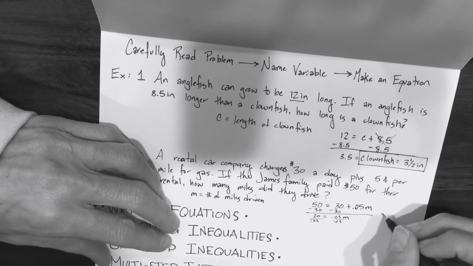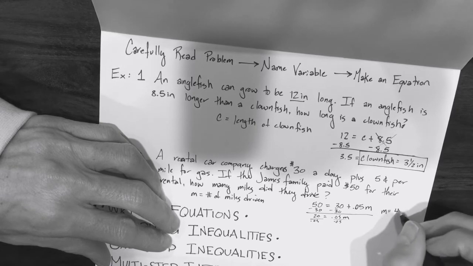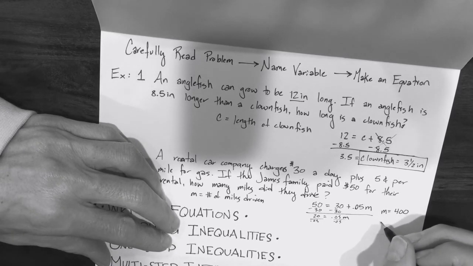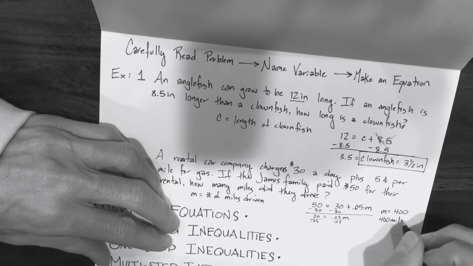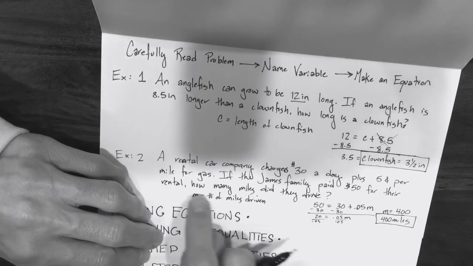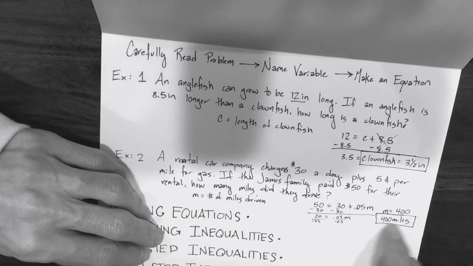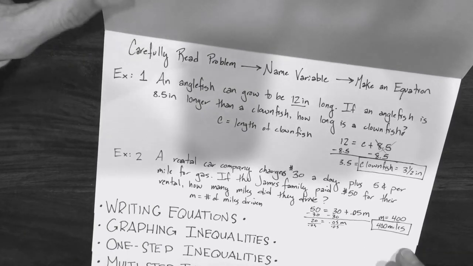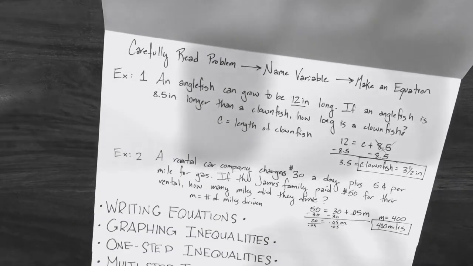So that would be the miles that they drove equals 400. So 400 miles would be an appropriate answer to this problem. Since it says how many miles did they drive, 400 miles would be the answer. And we are going to practice some more in class.